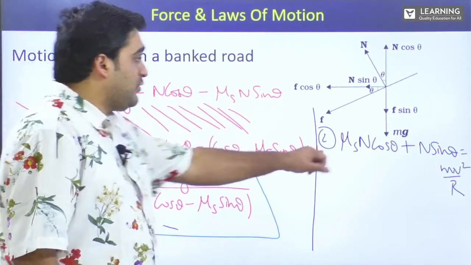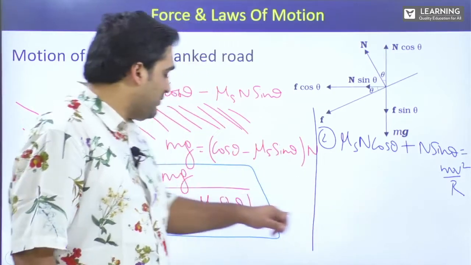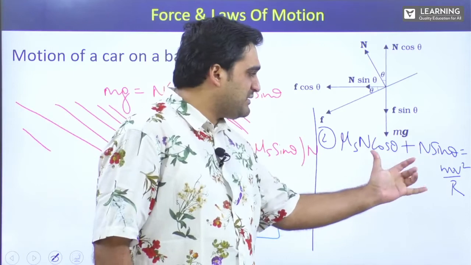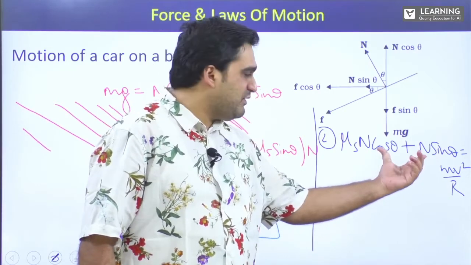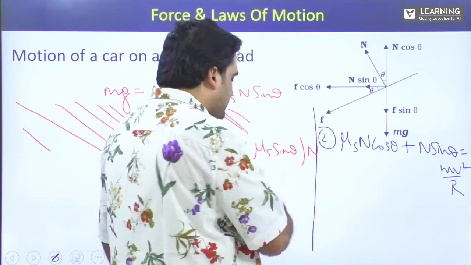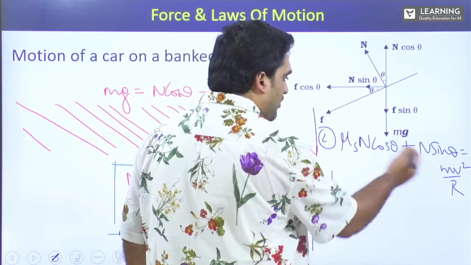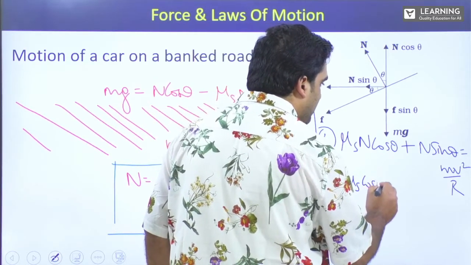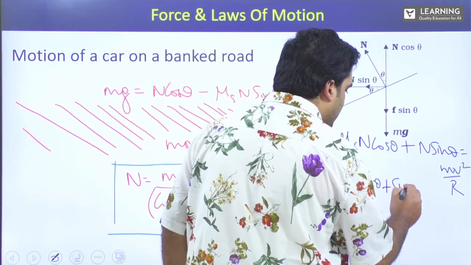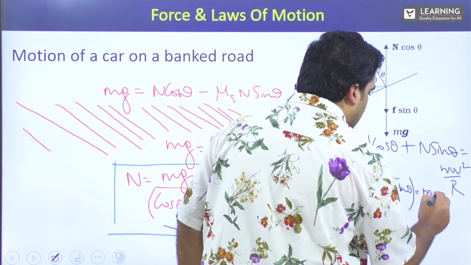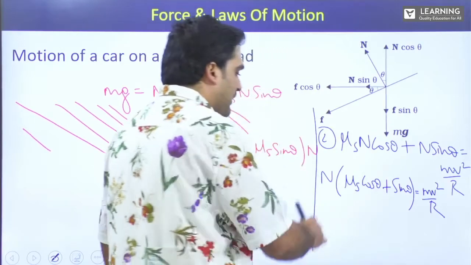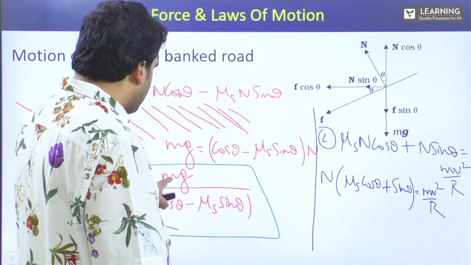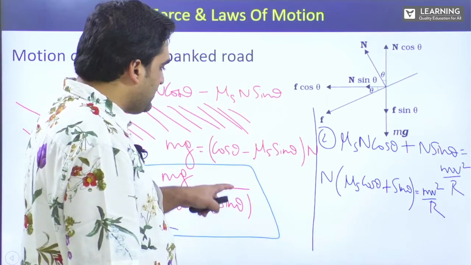Do we know what n is? Yes, we do. First we will simplify this a little, since it looks more complicated. n is a common factor from these two terms. You get n times mu s cos theta plus sine theta is equal to mv square by r. Now we can substitute for n, which is mg divided by cos theta minus mu s sine theta.